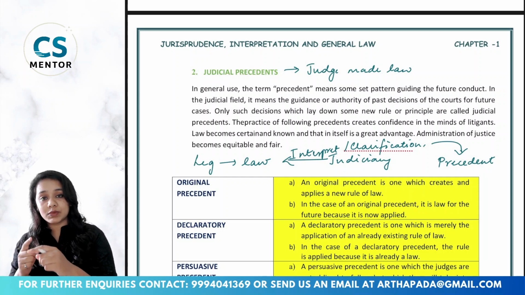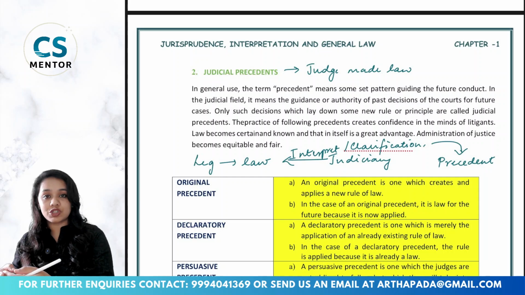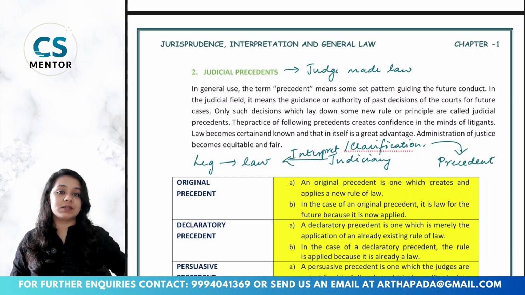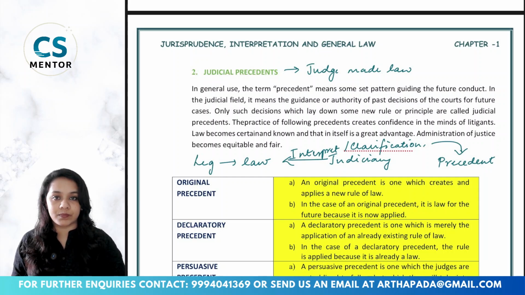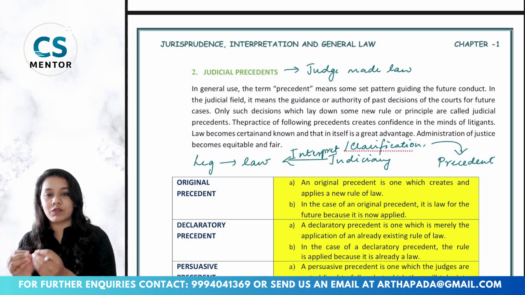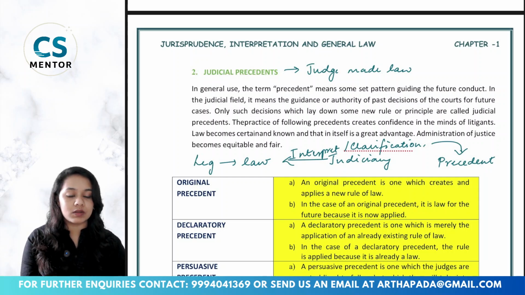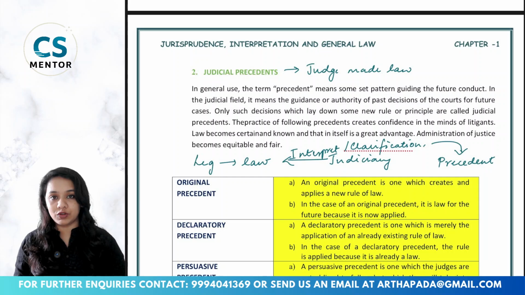Thus, if similar facts or similar matters come up before the court, that decision will be followed consistently by all the courts lower to it. And this is a pattern in which these decisions form a sort of reference for later judges to come and refer to, so as to bring about some form of uniformity while giving judgments.